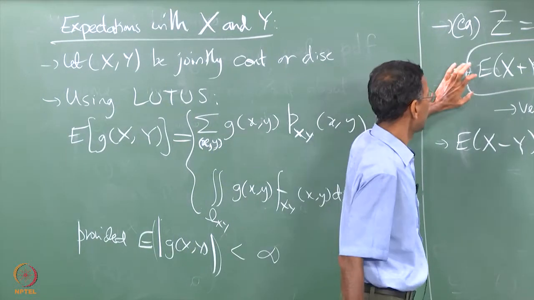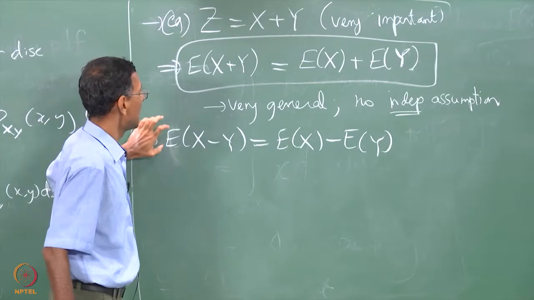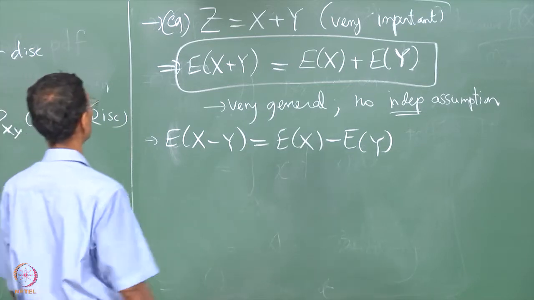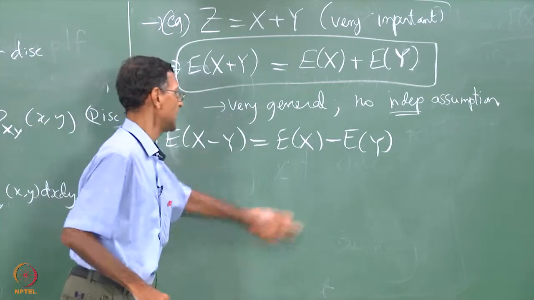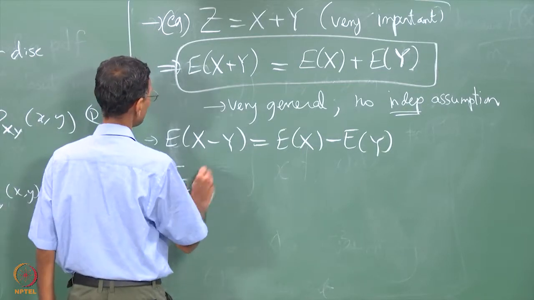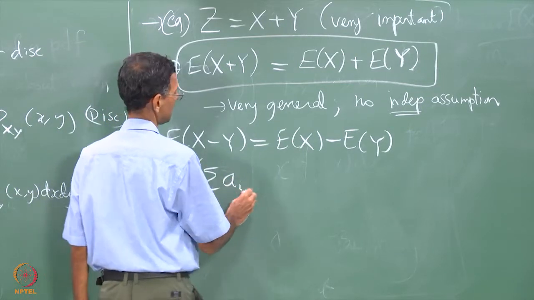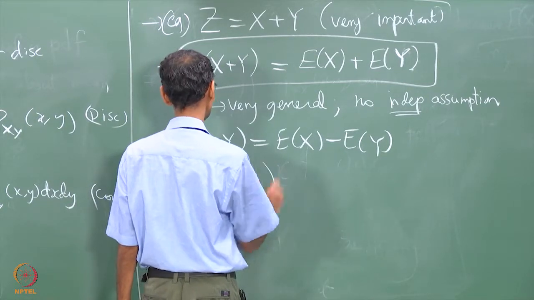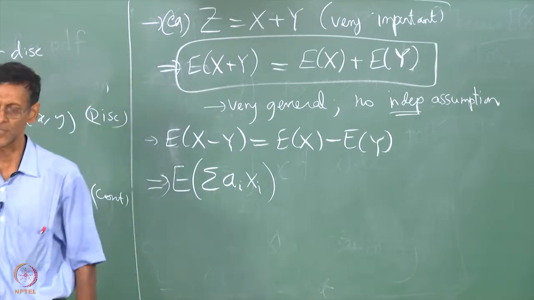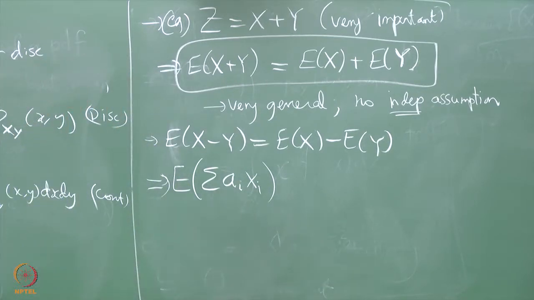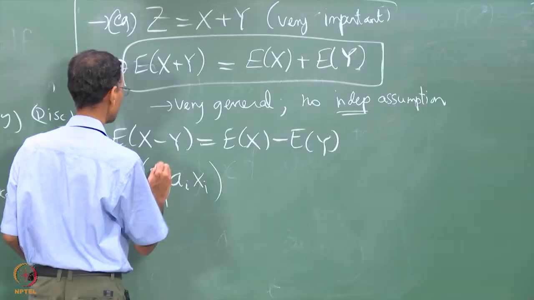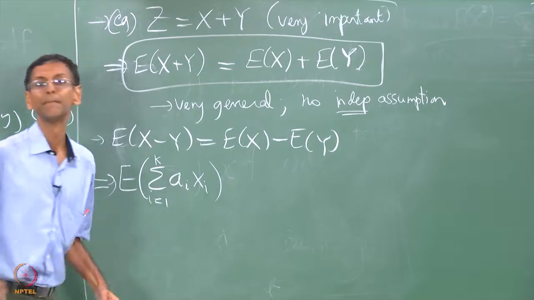So how do I now put this result to work? Of course we can extend this to any linear combination. Let's say I have a collection of random variables, some k random variables.